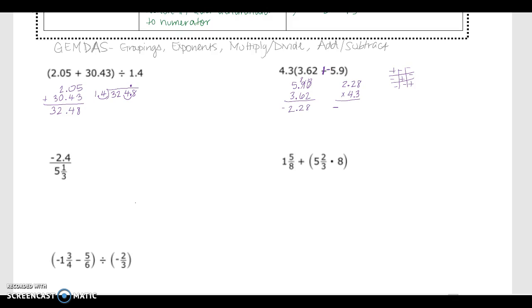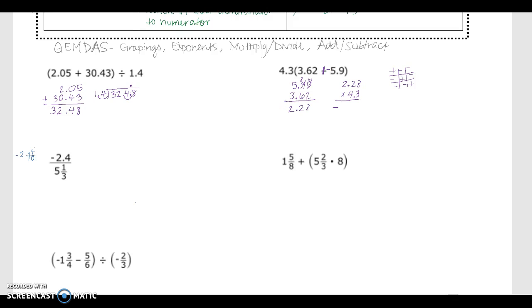Negative 2.4. So what you do to change the 0.4 is you're going to take the decimal, pull it down and make it a 1, and put a 0 for every number on top. So 2.4 is the same as negative 2 and 4/10.